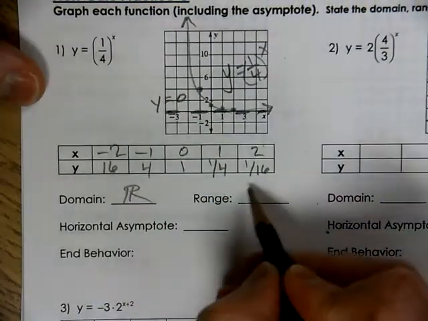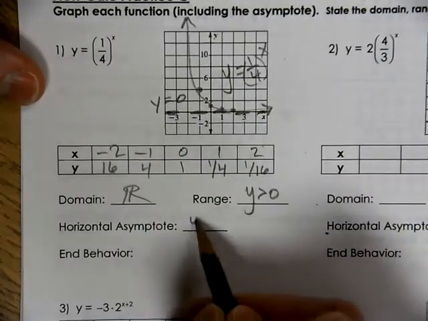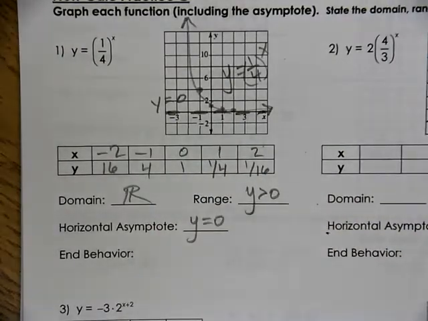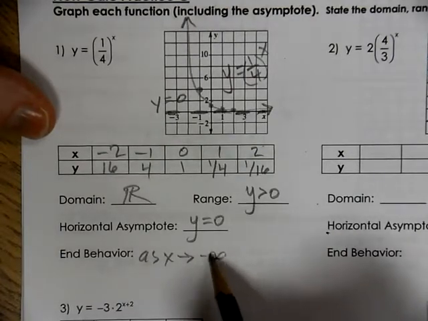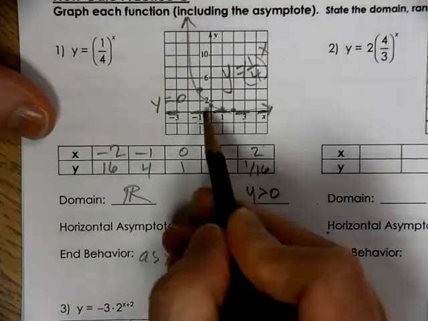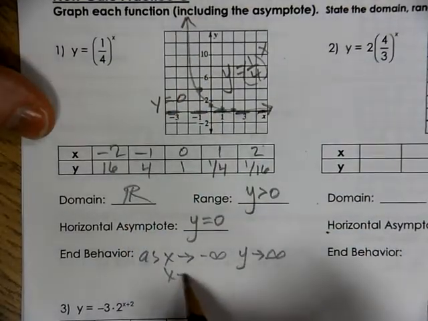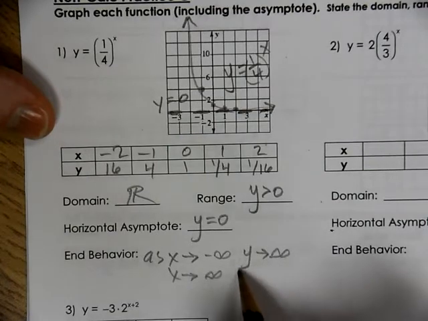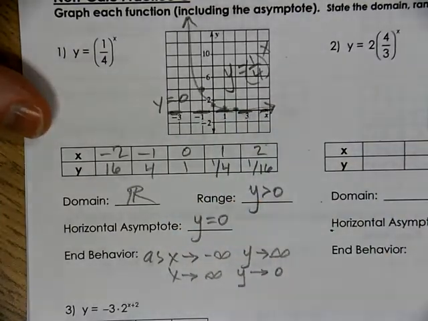Any number you want. You're going to get answers that are greater than 0. We have a horizontal asymptote at 0, and the end behavior, as we look to the left, we see that the graph is increasing. And as we look to the right, we see that the graph is approaching 0.